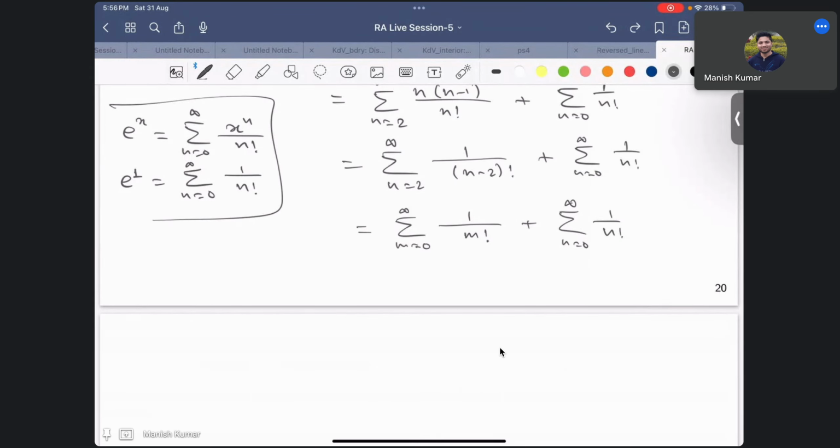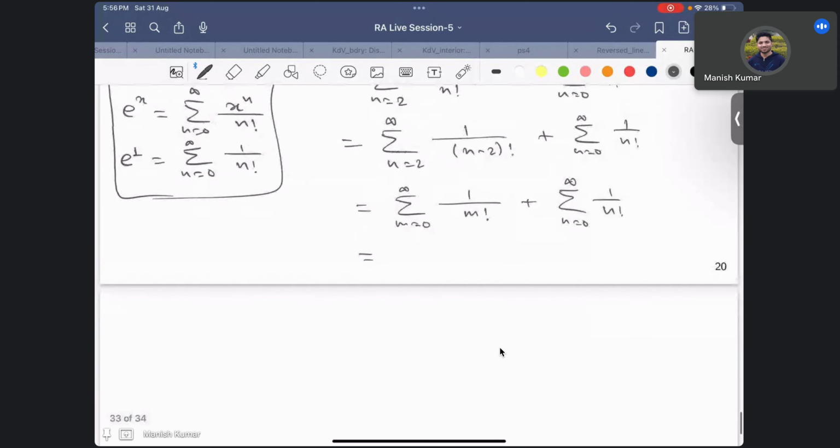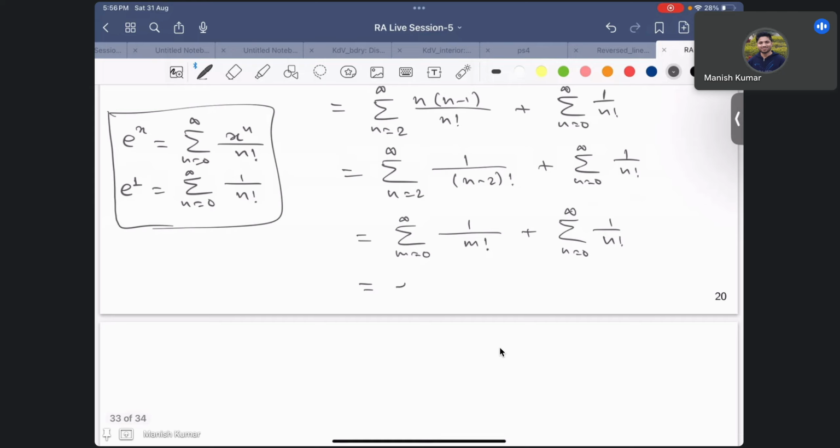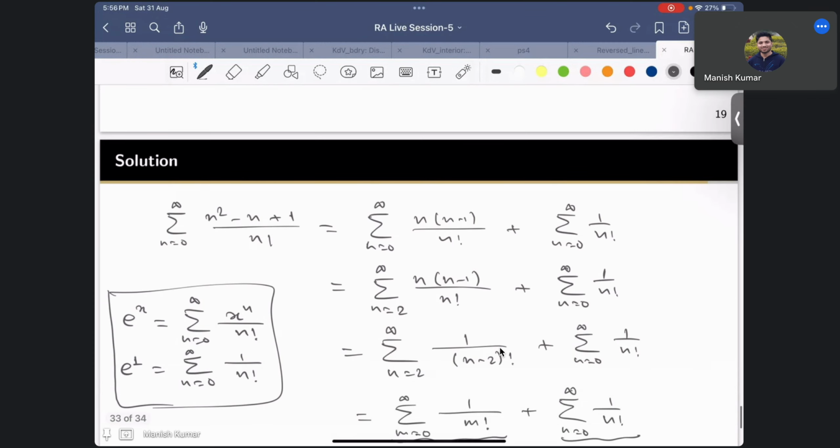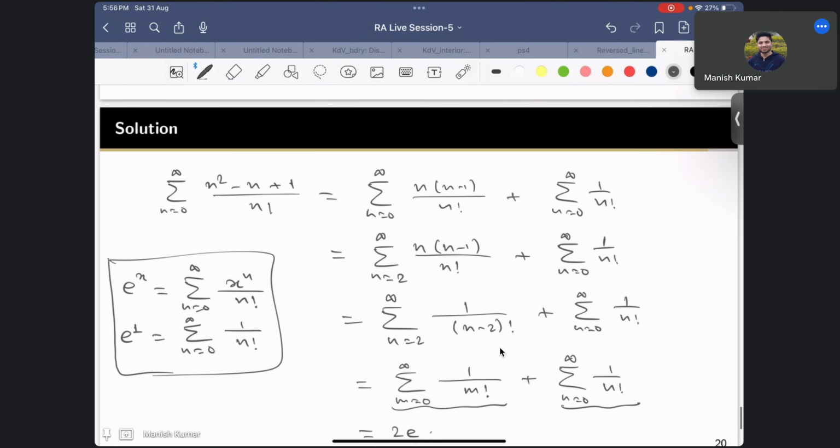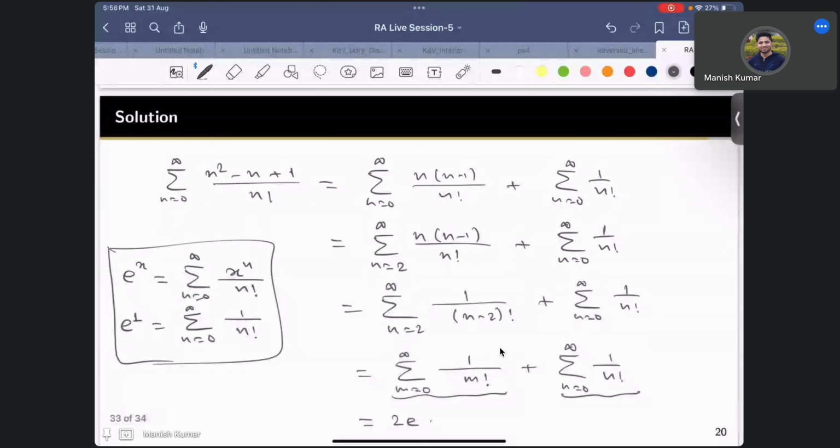Substituting here, this sum is e, and this again sums up to e. So you'll get 2e. So this whole series sums up to 2 times e raised to the power 1.